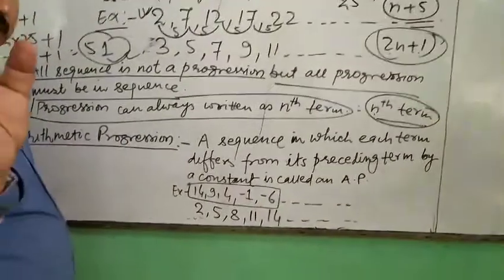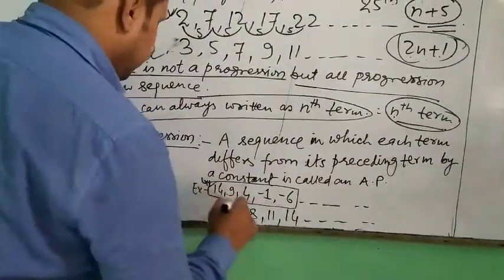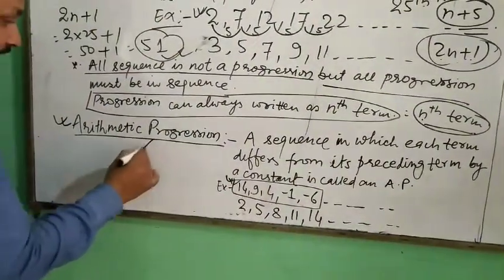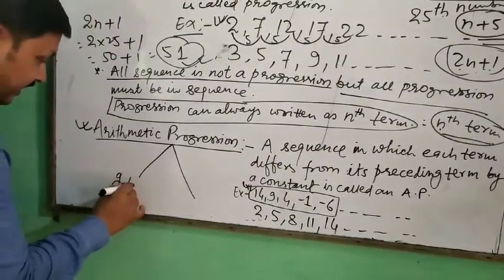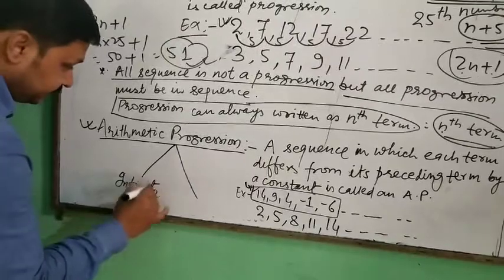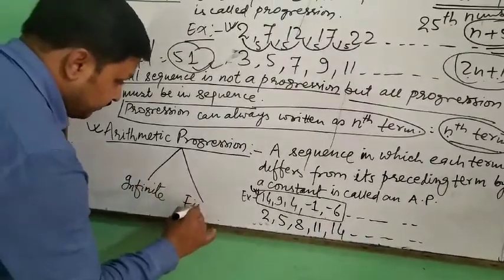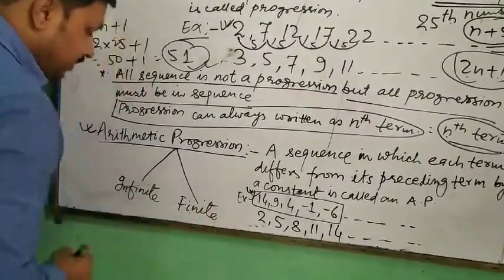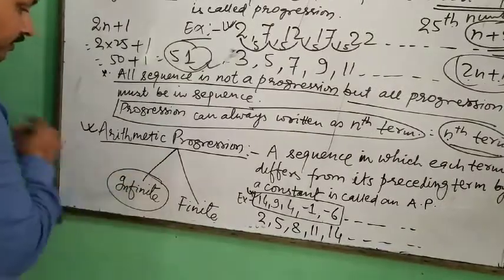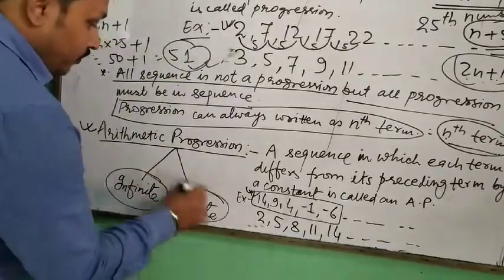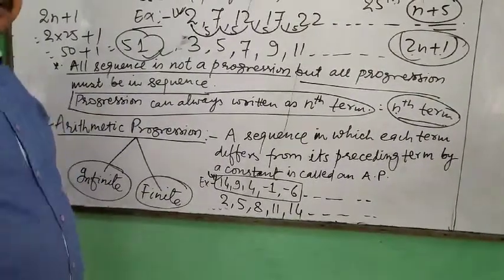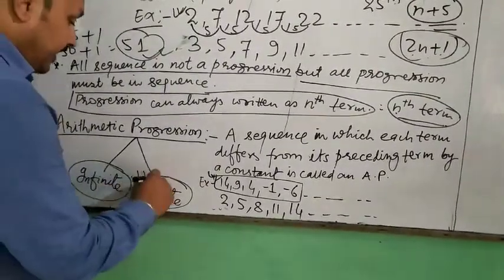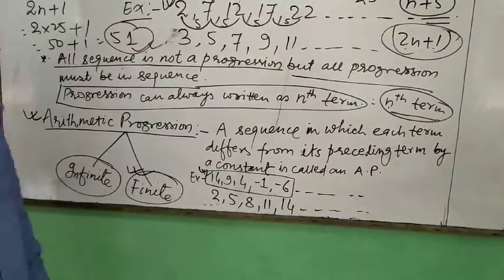The first thing you should know before that: arithmetic progressions are of two types. Your first type is infinite AP and the other is finite AP. But we should read only about the finite AP, not the infinite AP.